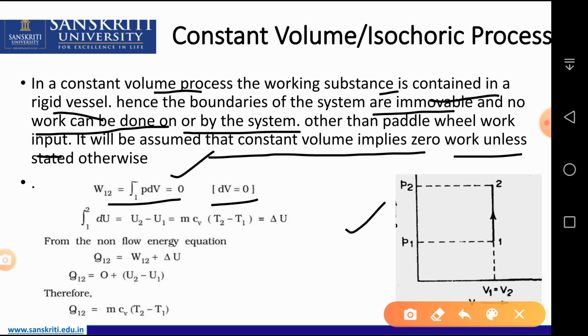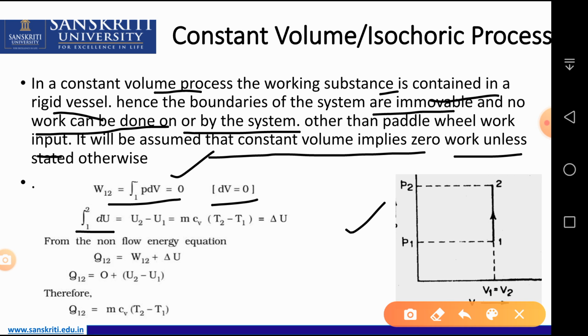And if we apply the first law of thermodynamics, del Q equals dU plus del W. Work is 0, so the heat transfer is just equal to the internal energy change: the integral from 1 to 2 of dU equals U2 minus U1.